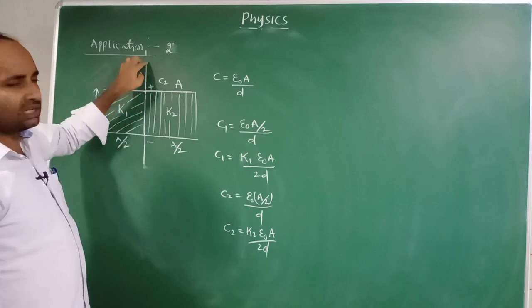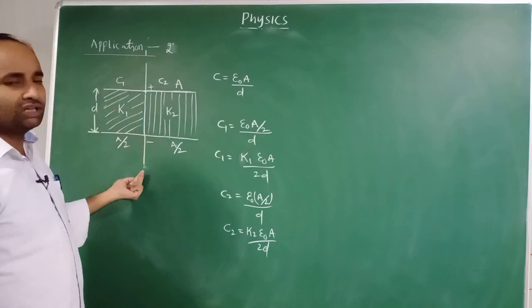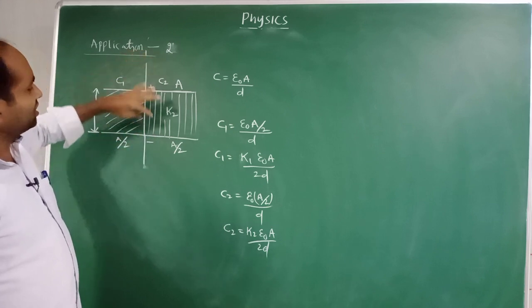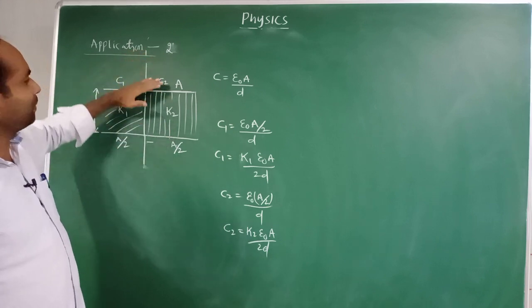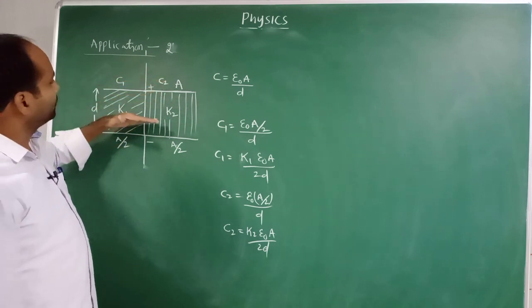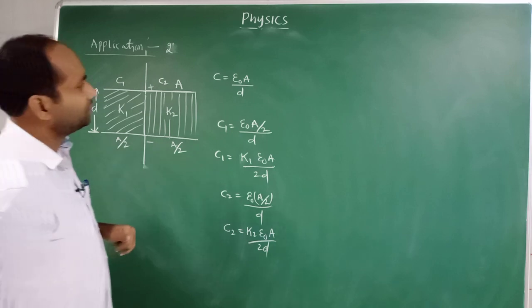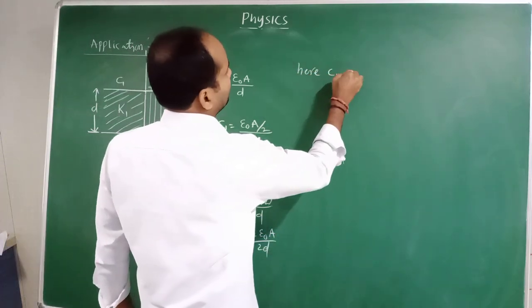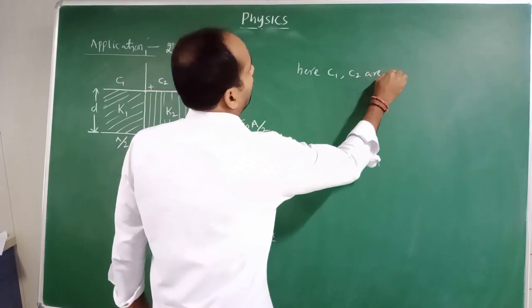One set of plates is connected to positive, the other set of plates is connected to the negative terminal. This means, if you observe these diagrams, C1 and C2 are in parallel combination. In the previous case they were in series combination. Here C1 and C2 are in parallel.